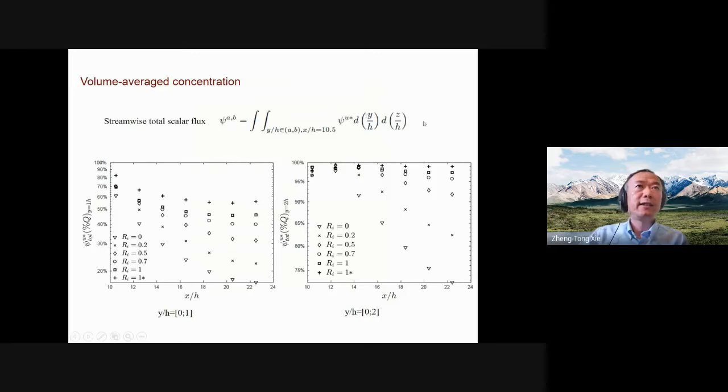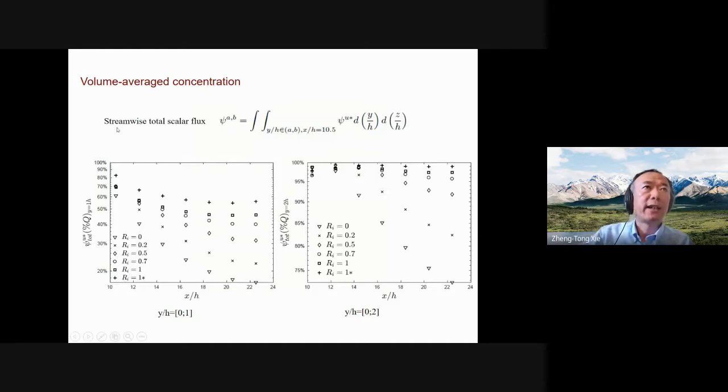And then you think of what's happening to the concentration. So what we do, we average the concentration, for example here, from the ground to building height, over different streamwise locations, at different Richardson numbers.